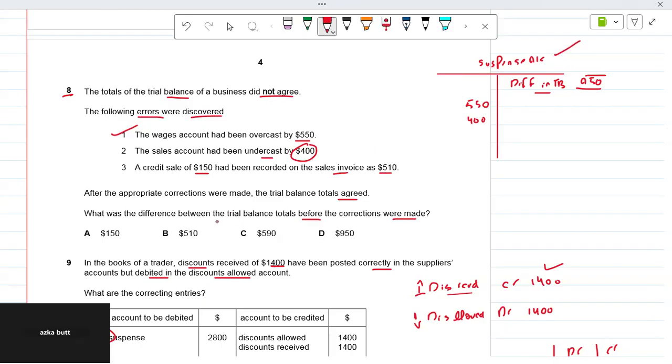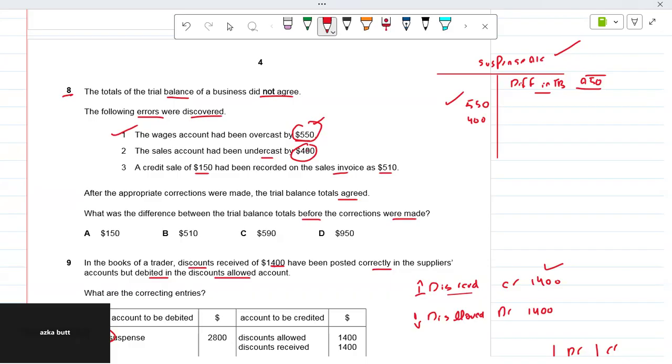So basically, the wages account had been overcast by 550. So it means that we will credit the wages account because we overcast it. So your wages account will be credited and your suspense account will be debited by 550. And the sales account is undercast by 400.